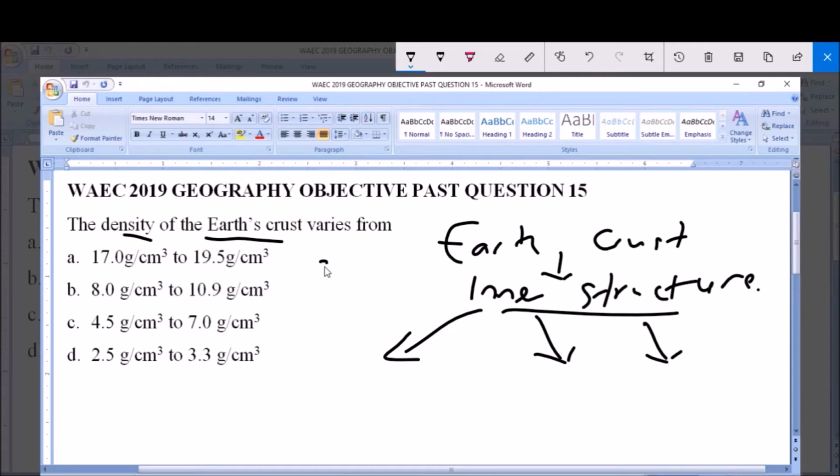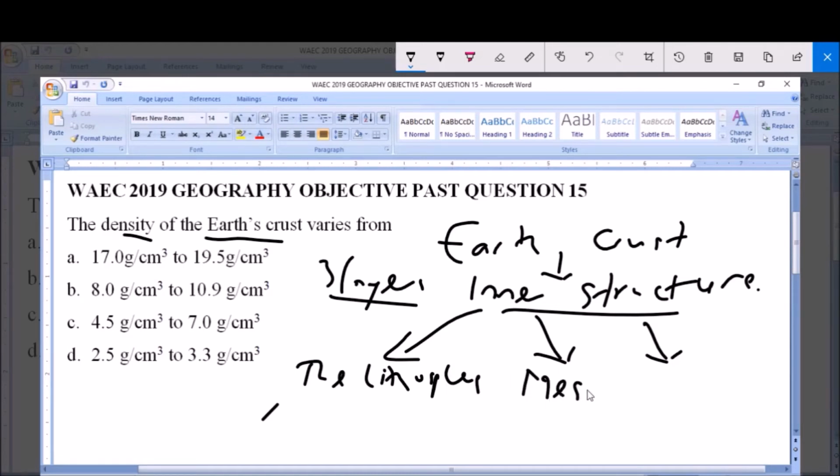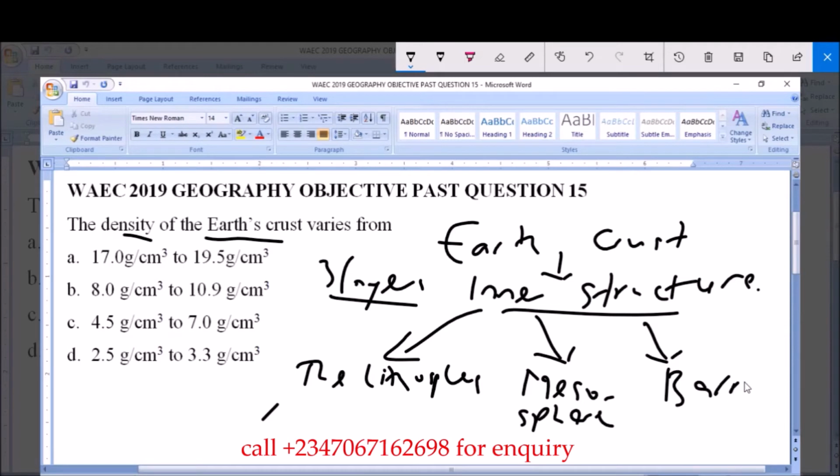So you have 3 layers in the Earth's crust. The first of them is known as the lithosphere. The second is the mantle or mesosphere, and the third is the barysphere.